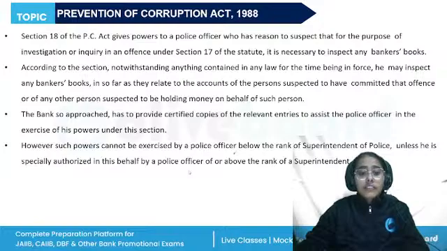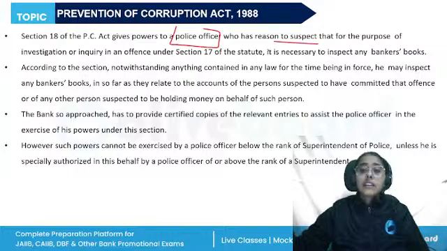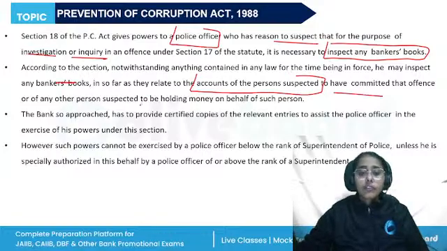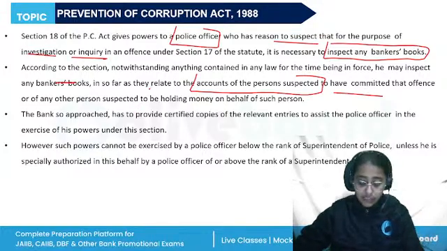Then we also have section 18 of the act, which gives powers to a police officer who has reason to suspect that, for the purpose of investigation or inquiry, it is necessary to inspect any banker's books, right? So he may inspect any banker's book if they are related to the accounts of the person suspected to have committed that offense, or they are suspected to be holding money on behalf of such person.